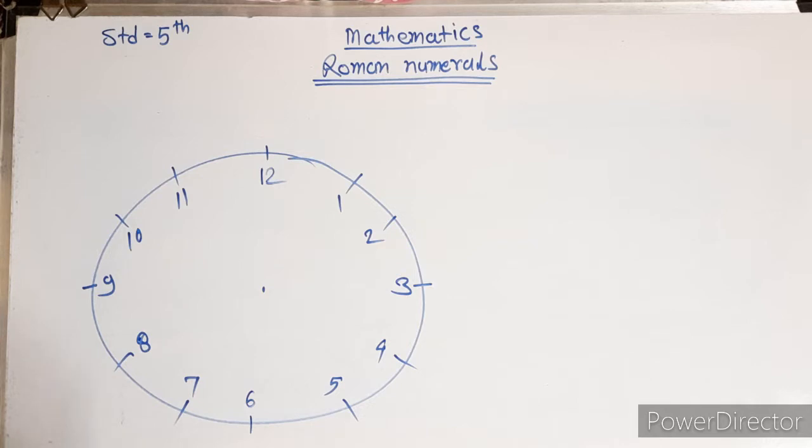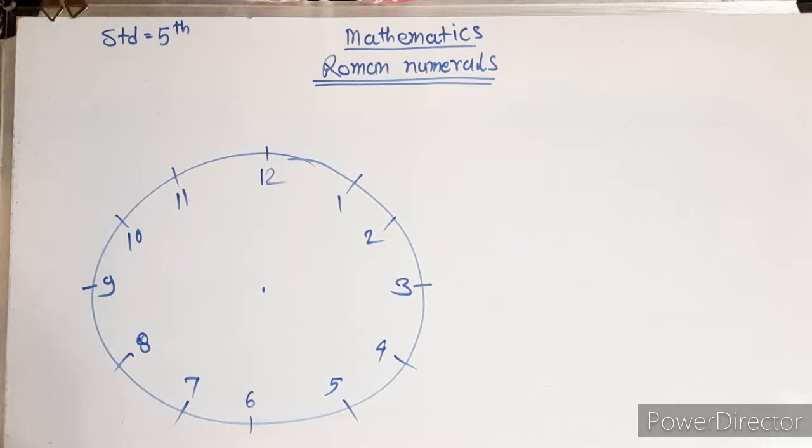And now we learn the Roman numerals. The Roman numerals means, in the ancient time, olden time, in Europe, the Roman capital letters were used to write numbers. That is why they were called Roman numerals.